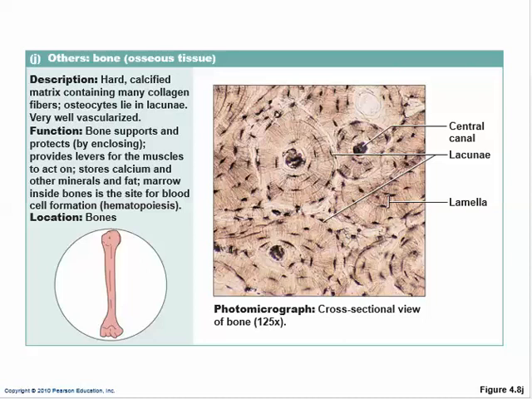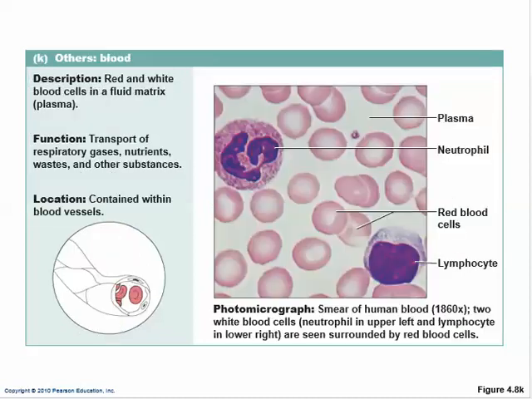They provide the framework within the mineralized salts, and so these are unique in that they resist tension and compression. There's another type of bone, but we will talk about it in the next chapter when we talk about bones.